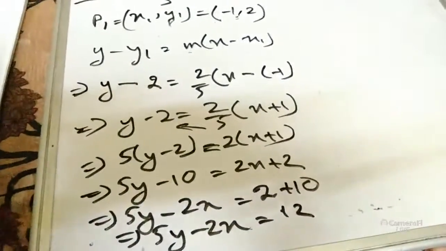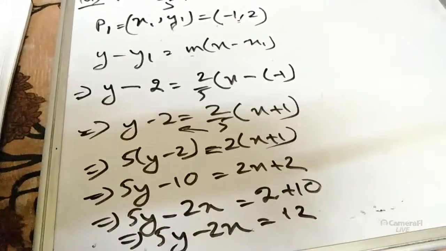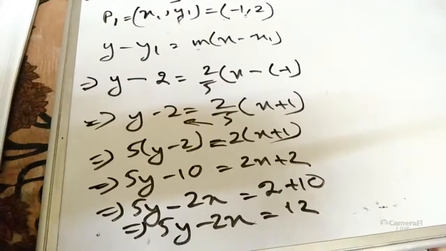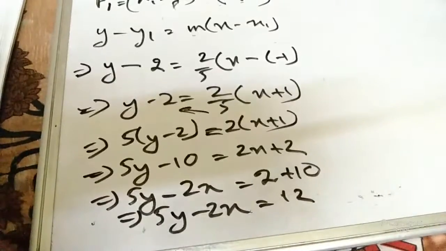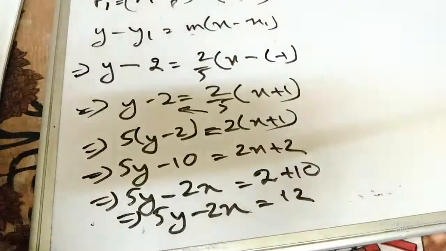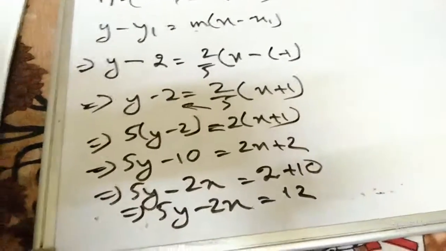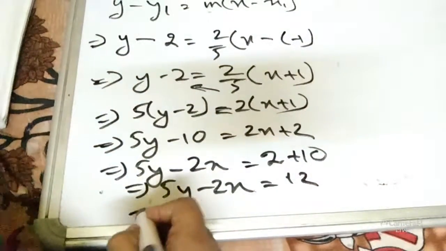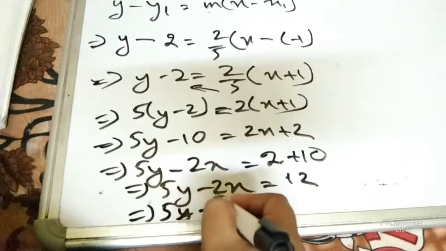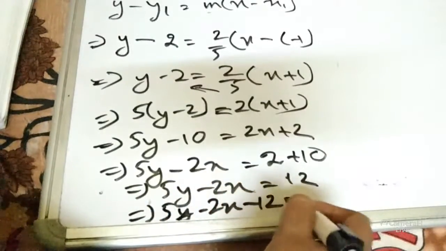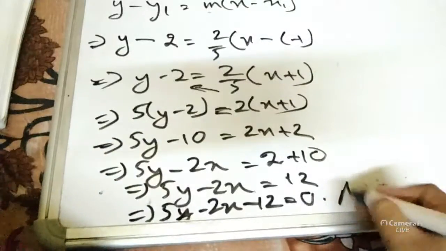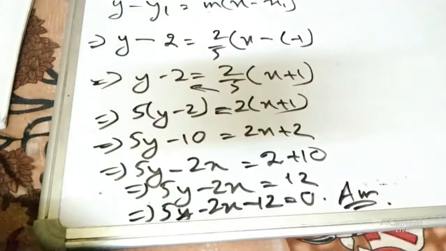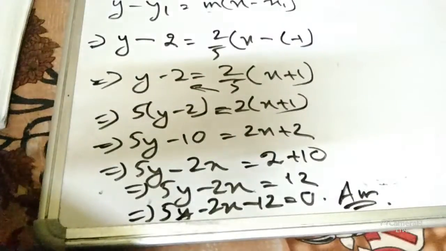We can further write it as 5y minus 2x minus 12 is equal to 0. So this is our required equation.